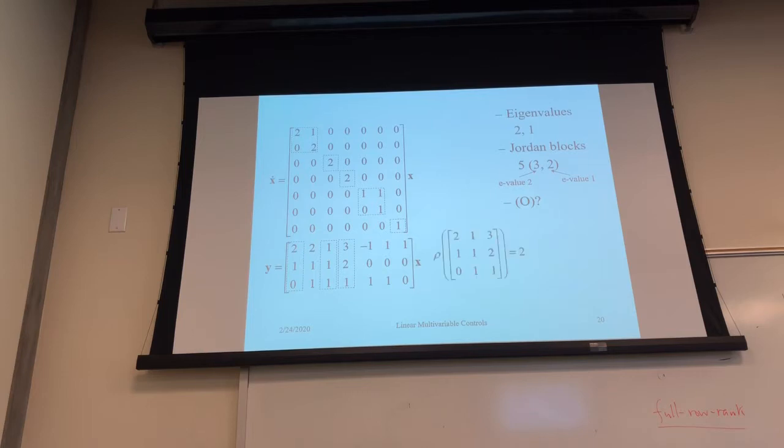So then I have a matrix, and it happens that the rank is not 3, it's 2. Therefore, the overall system is not observable. But I can tell which mode is not observable: all the modes corresponding to the eigenvalue 2 are not observable.